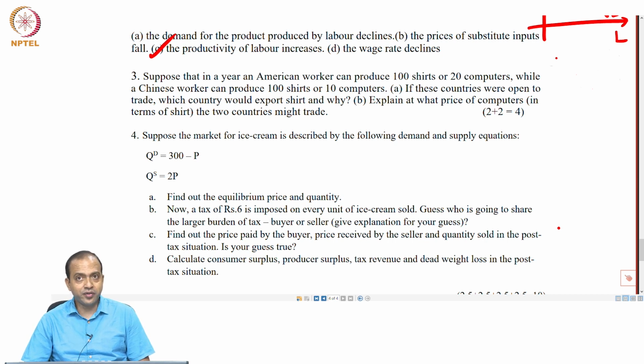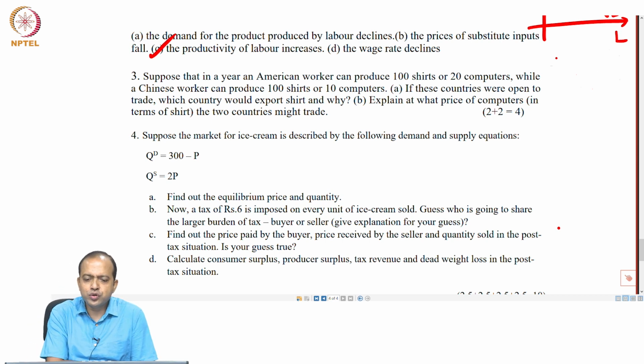And comparative advantage is actually defined in terms of opportunity cost. So, here an American worker can produce 100 shirts or 20 computers. So, now what is the opportunity cost of a computer in terms of shirts?